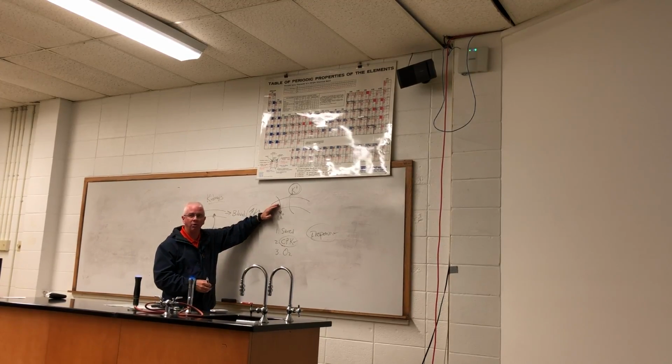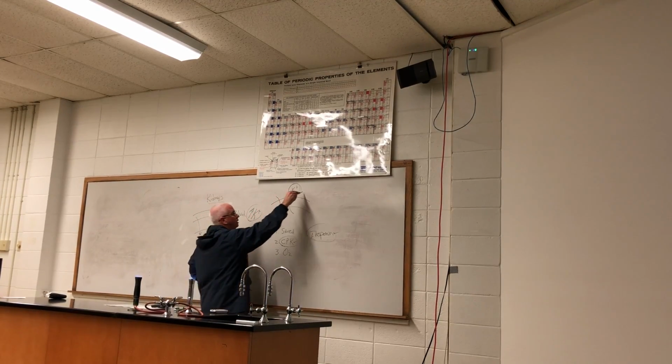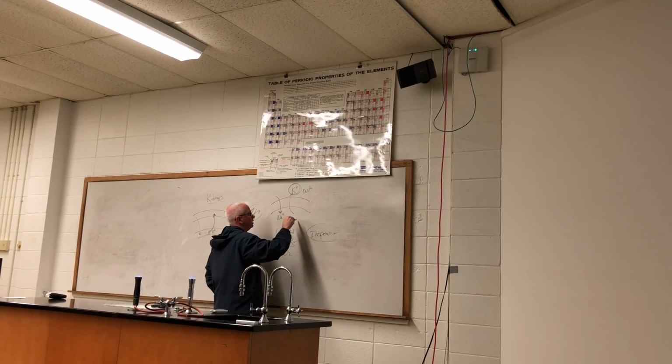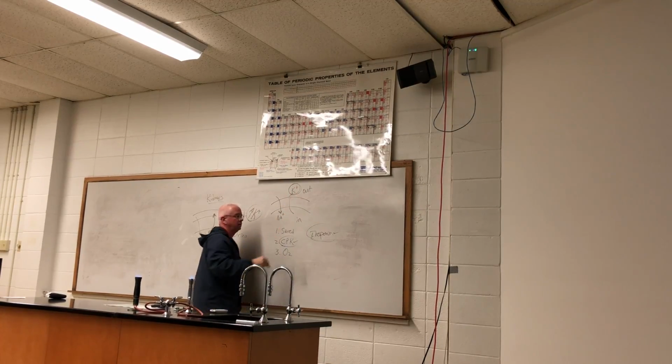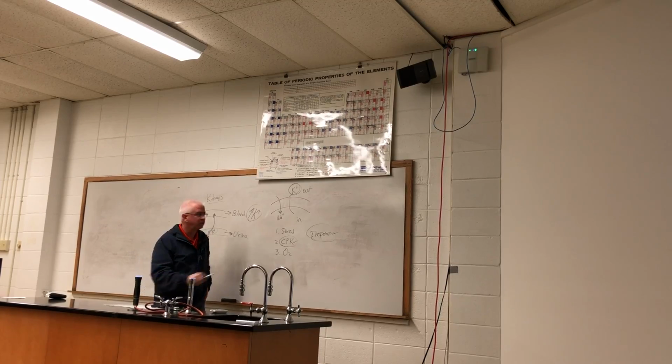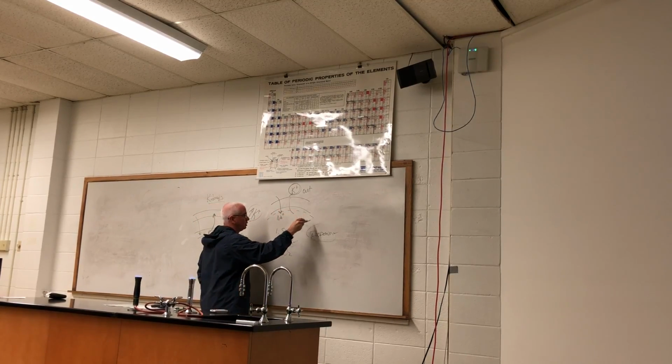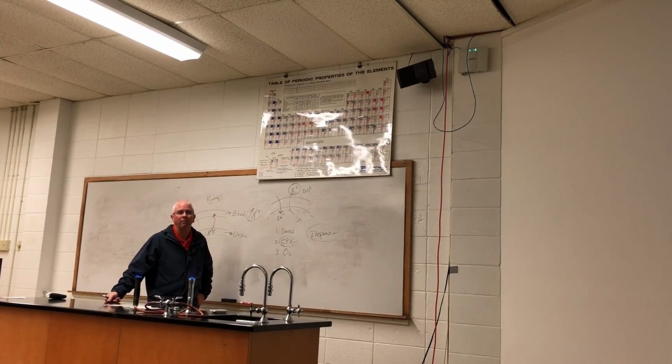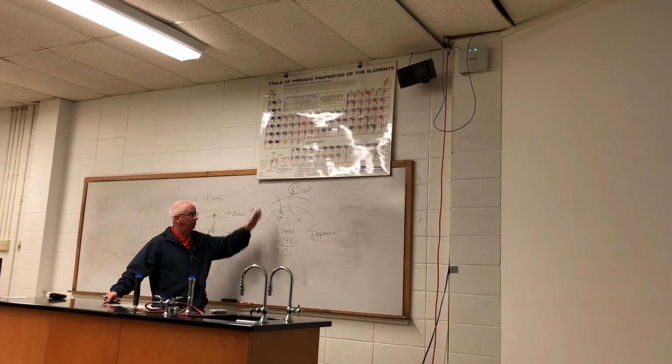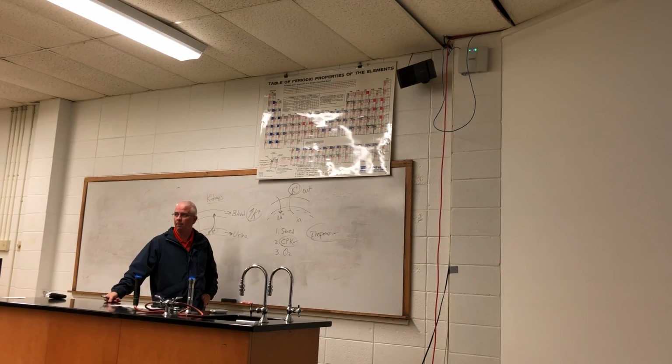Let's say you have a situation like this. This is the outside of the cell. This is the inside of the cell. Now, in order for the cell to develop a negative charge, a resting membrane potential, what has to happen? You've got to establish a gradient, and then what?